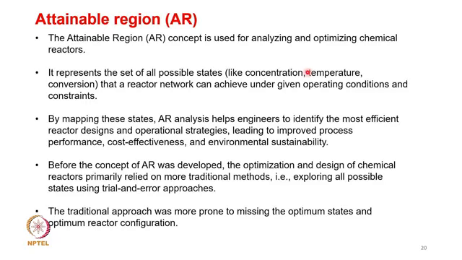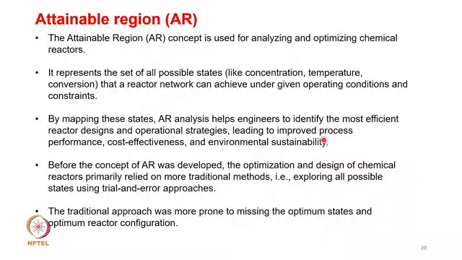So, now let us understand what attainable regions are. The attainable region represents the set of all possible states, like concentration, temperature, and conversion, in a reactor network that can be achieved under given operating conditions and operational constraints. Operational constraints may also play a key role.